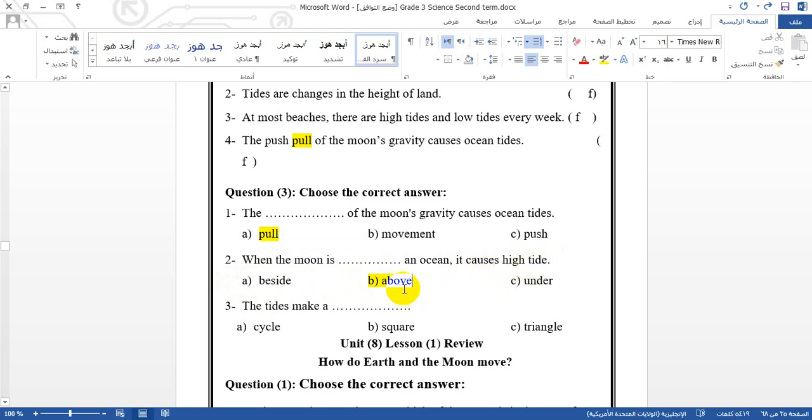For that reason we will write above. High tide means when the moon is in which position exactly? Above the ocean. Okay, number 3. The tides make a what exactly? The tide will make square, triangle, or cycle? Cycle, sure.